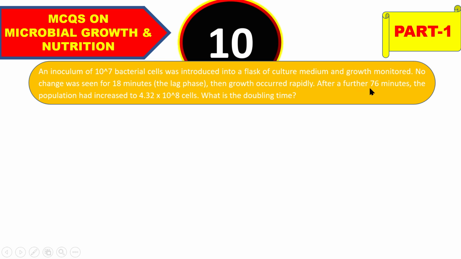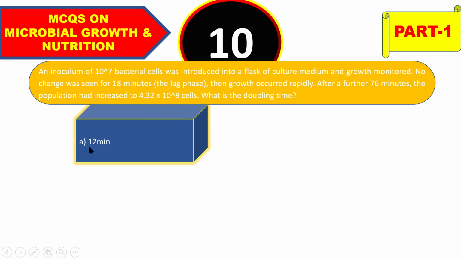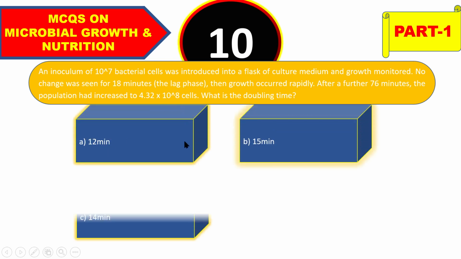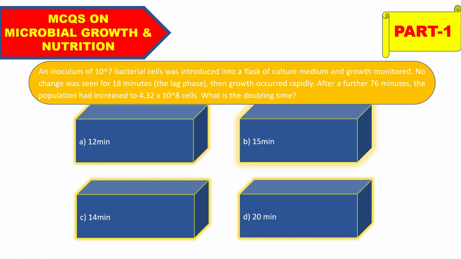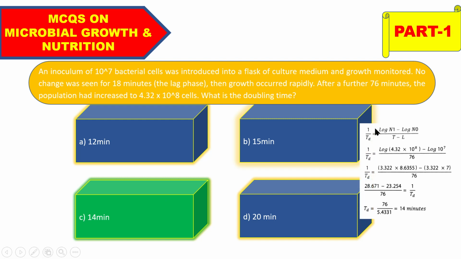So after a further 76 minutes, the population had increased to 4.32 into 10 to the power 8 cells. So what is the doubling time? The options are 12 minutes, 15 minutes, 14 minutes and 20 minutes, and the right answer will be 14 minutes, and the mathematical expression is there.